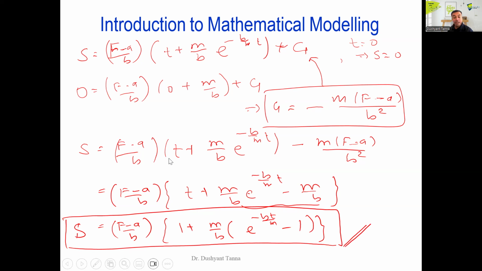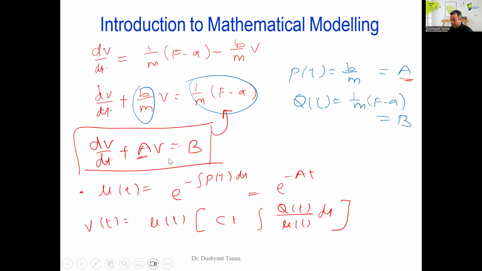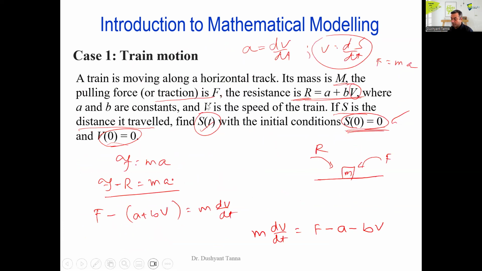So again, let me quickly review what we have done. The train is moving along the horizontal line, mass is m, pulling force F, R is given as A plus B v, A and B are constants. Whatever constants are in the question, you can always keep them. Anything else that you have added should be replaced back, right? s is the distance traveled, s of t, that's what we are looking for, with two initial conditions.